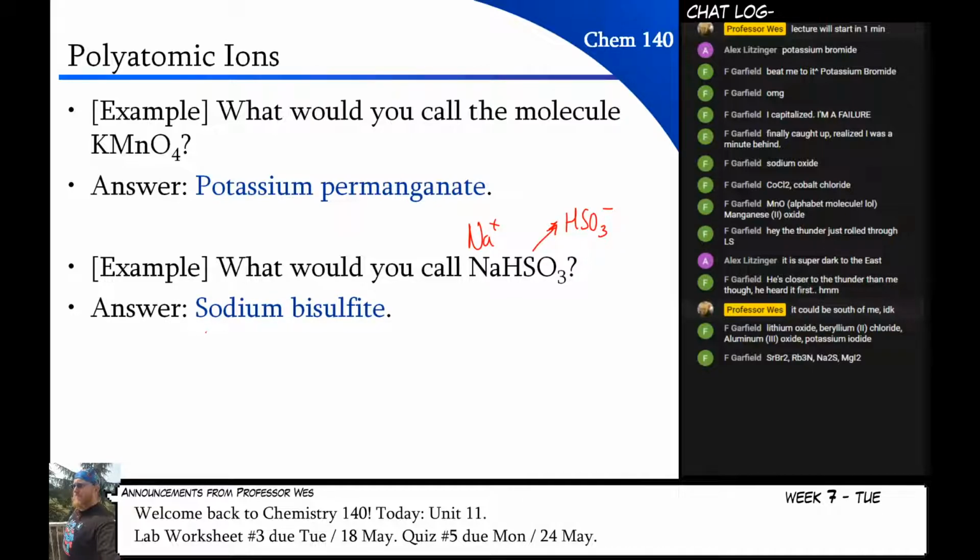Now, if you used the other name for this, which is hydrogen sulfite, you just write it like that. There is a space between hydrogen and sulfite because that polyatomic ion has two words in its name. Canvas will accept either answer because both of those names are in common use.